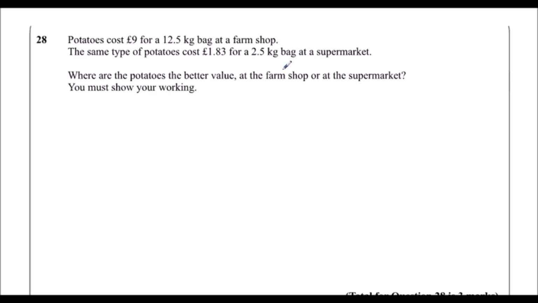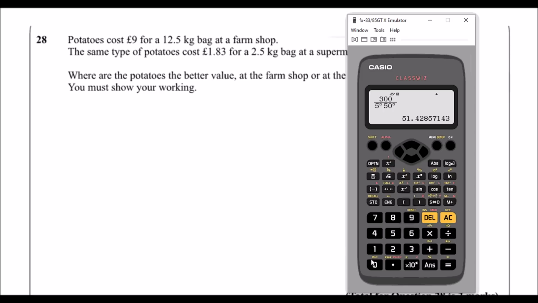So we need to make them the same to compare them. So the easiest thing to do is to make these weights the same. If we multiply 2.5 by 5, we'll get 12.5. 2.5 times 5 is 12.5.